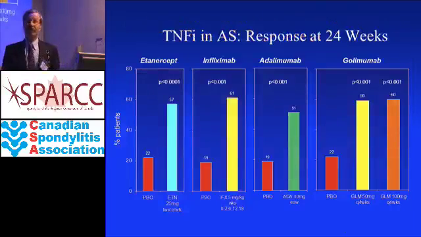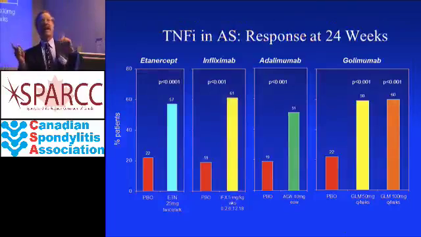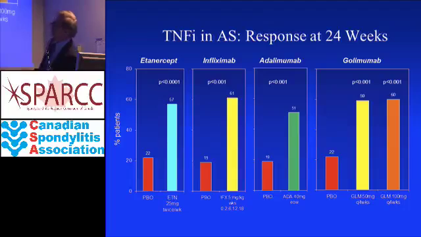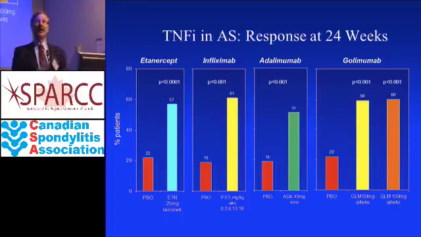We actually don't have any head-to-head comparison of the biologics yet. This includes etanercept and infliximab, this is Enbrel, Remicade, Humira, and Simponi. We haven't compared them head-to-head, but we think of them as being comparably effective. Why is that?